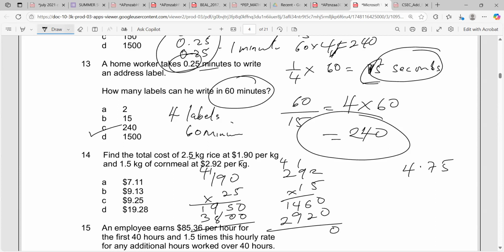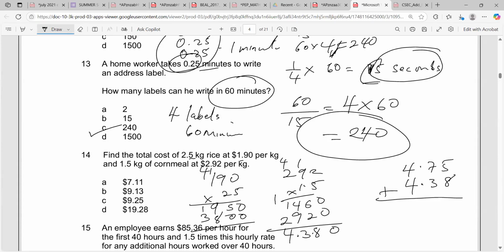So that's 0, 6 and 2, 8, 9 and 4, 13. Supposed to be 3 decimal places as well. So we are at $4.38.